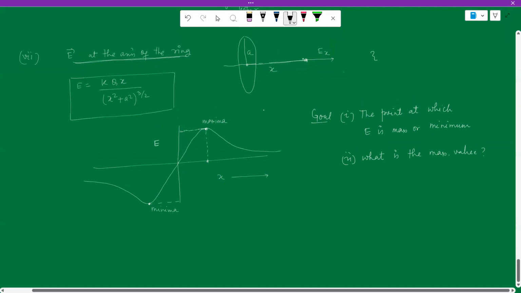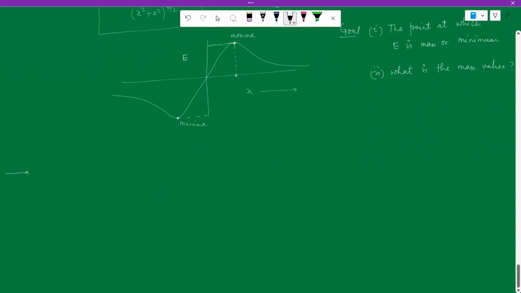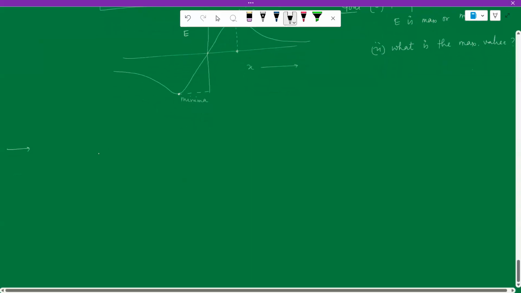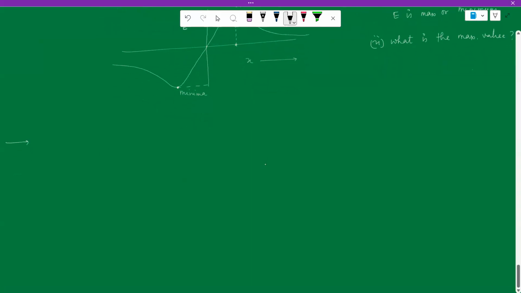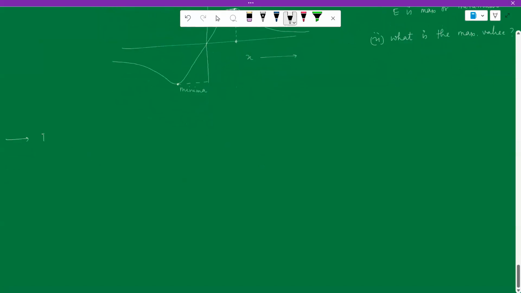Okay, so to maximize or minimize any function, this question we have done in electric charge and force, in the Coulomb's law topic or in equilibrium, right? If you don't remember, then I will talk about that.